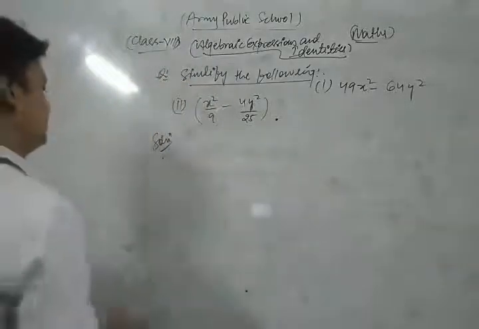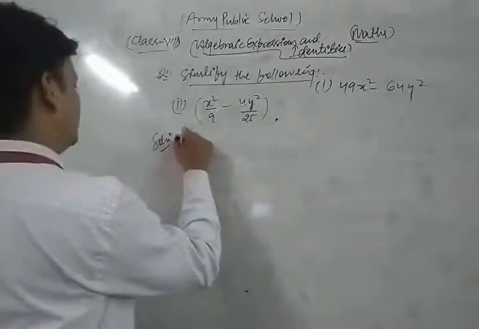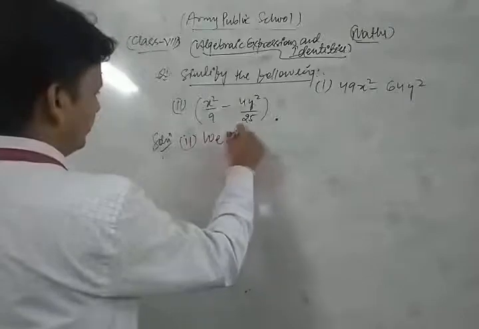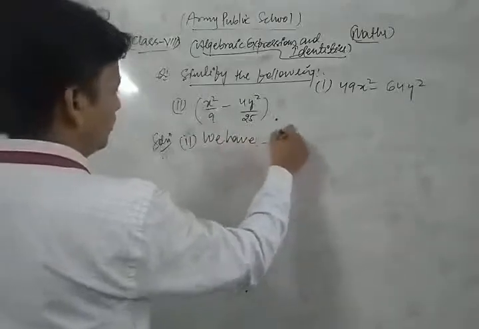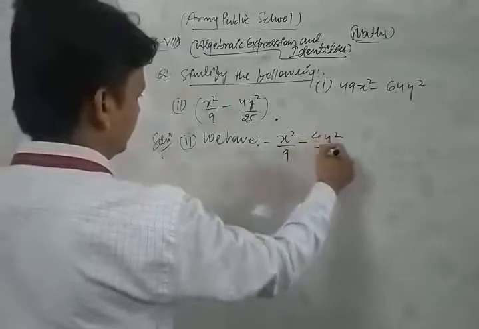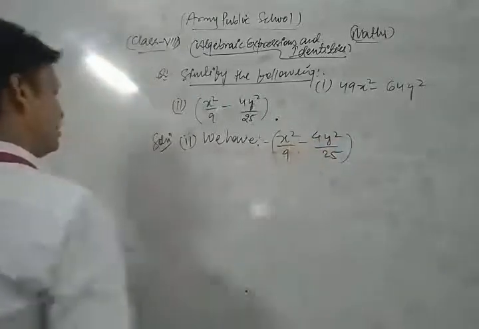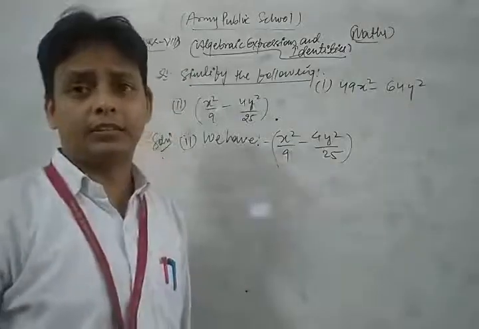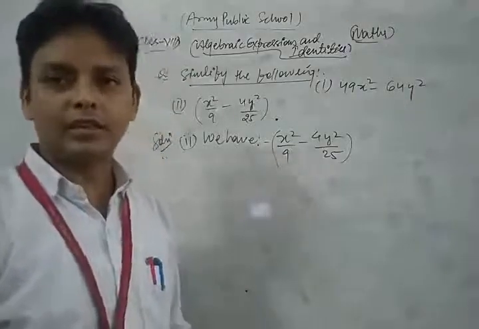Now we take and solve the second part of this question, which is over 125. Okay. Now first of all we arrange it based on the identity a square minus b square.